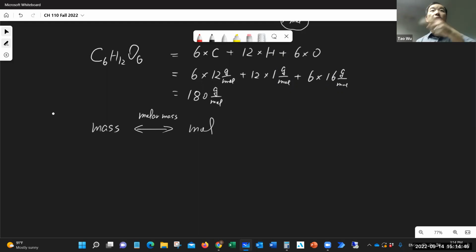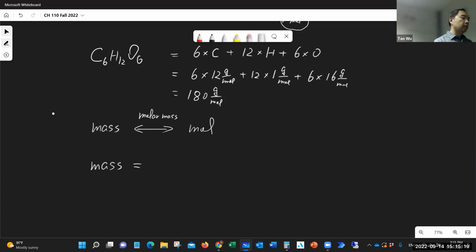If you have the gram of something, you already know the mole of it. If you have the mole of something and the question asks for the gram, then you know we need to solve for the mole and then convert that to gram. Okay, so this is the first thought. That's why I'm teaching you here the equation, how to find the mole and the gram, the mass or mole.